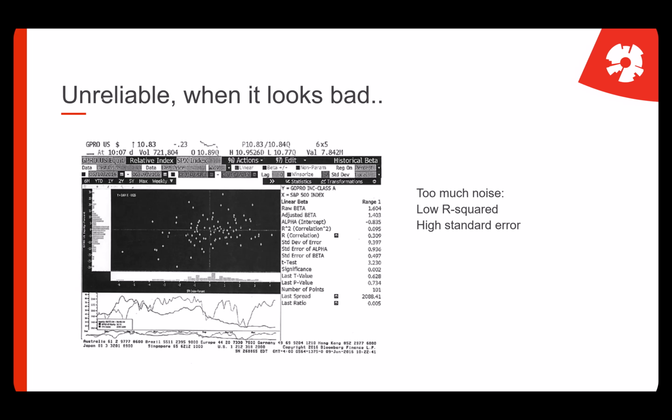On top of that, the standard error of the estimated beta is very high. This means that if we report a beta of 1.6, the true beta could be anywhere between, say, 0.5 and 2.5. When regression diagnostics look like this, we know the historical betas are not a reliable input for valuation, and this is one of the main reasons practitioners often prefer the bottom-up beta.